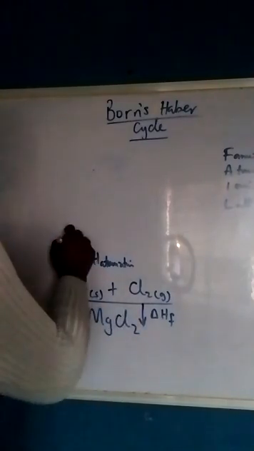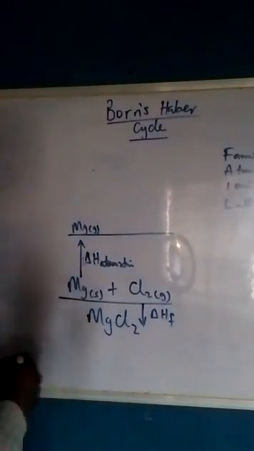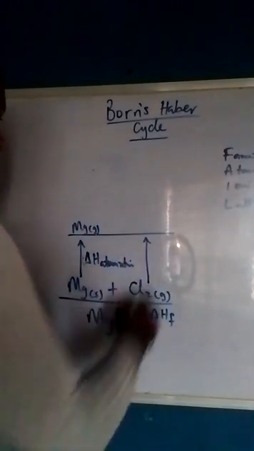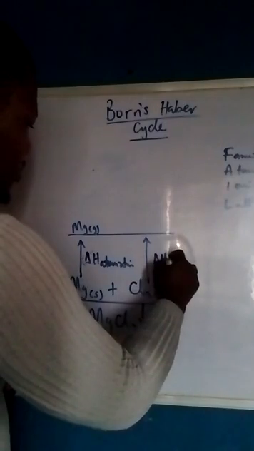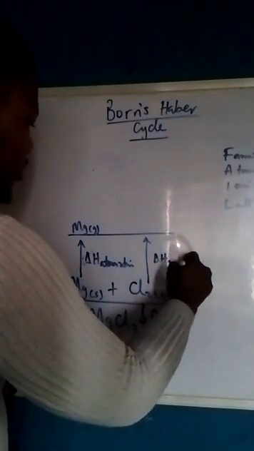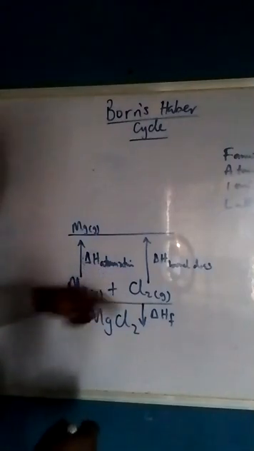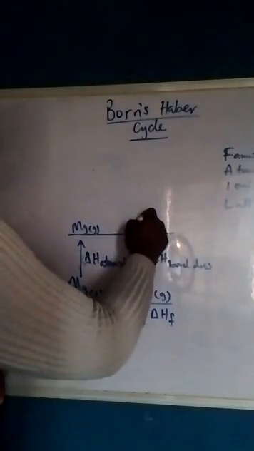So we have Mg in the gaseous state. Then the chlorine will also become atomized. You can also call it bond dissociation. So delta H of atomization can also be called bond dissociation, and it changes to an atom.